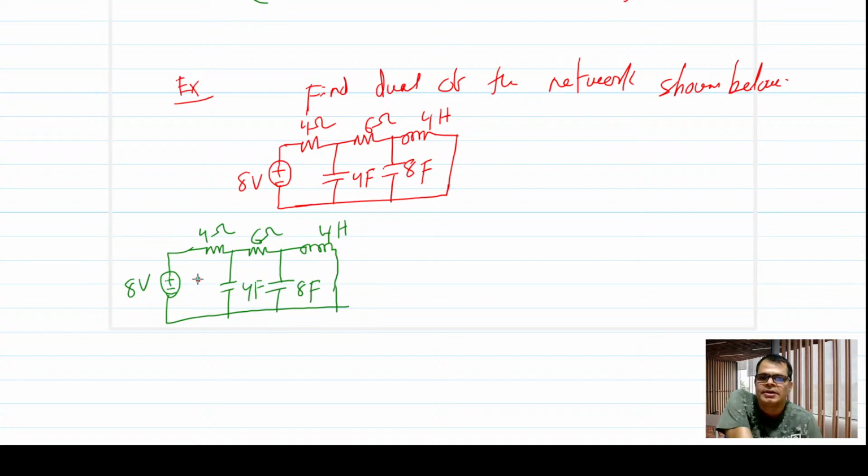So here I put a node, then here one node. There are 3 individual loops, so I put 3 nodes and one datum or reference node outside the network.